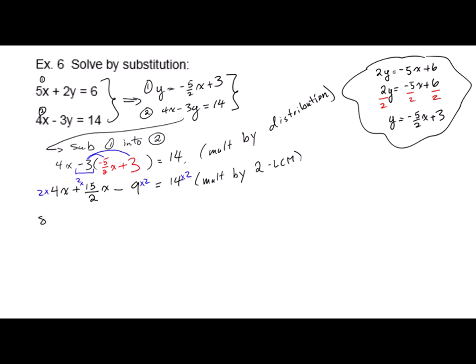So now we're going to get 8x plus, well, 30 over 2 is just going to end up being 15 when we cancel out the 2's. So we end up with 15x, and then we end up with minus 18 equals 28.